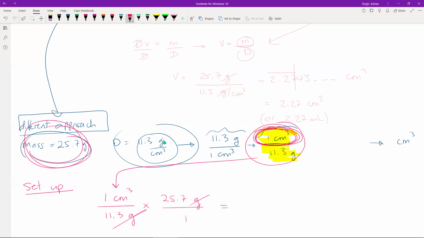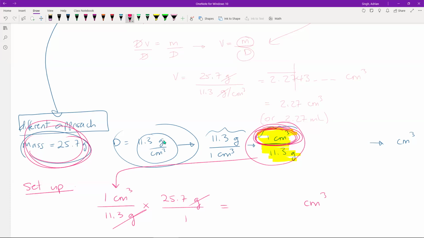Right? So just in terms of the units, without even thinking about the density equation, I'm just looking at the value for the density and the units involved, the units of mass that's given, and I'm just applying the same principles of dimensional analysis to cancel out units and end up with a unit of volume that I want. And guess what this ends up being?